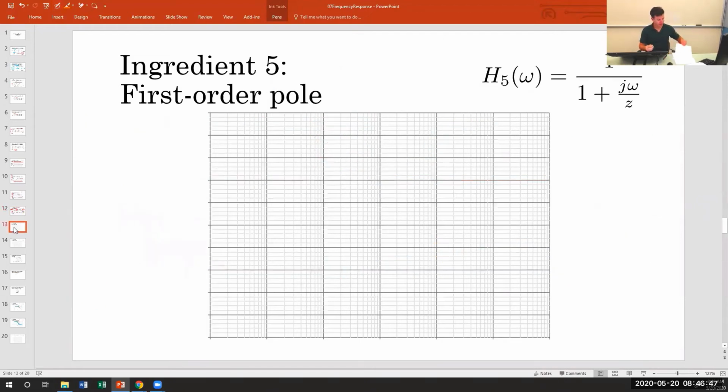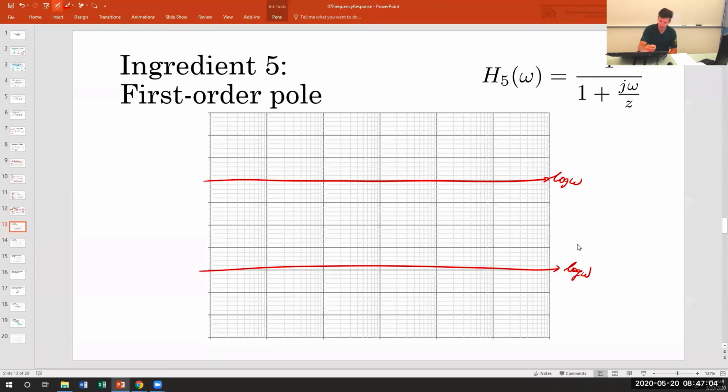All right. If you can do a real zero, you can do a real pole. So actually, I don't want to spend a whole lot of time on this, but I will give you the final answer. Here's our first frequency axis. Here's our second frequency axis.